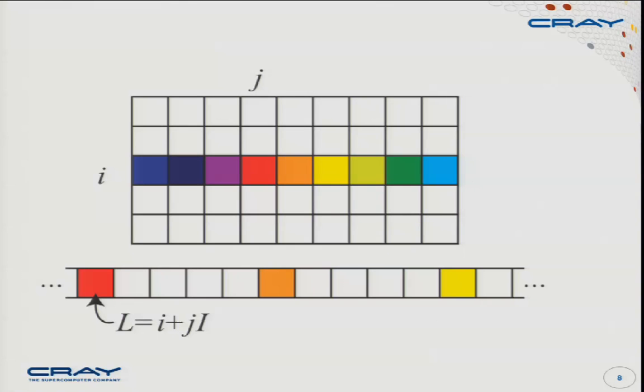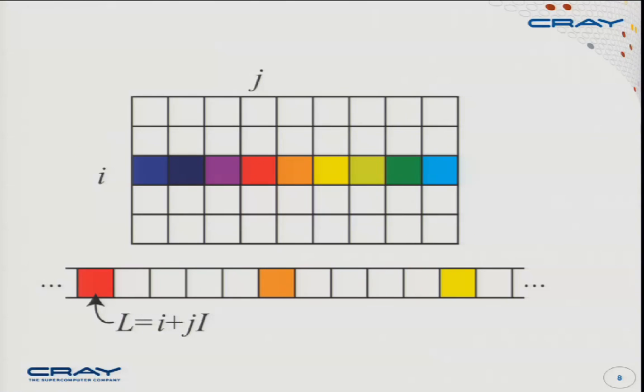What we have here is some representation of a two-dimensional array, where you might index on the first dimension, the fastest moving dimension, using I, and you would increment or access the second dimension using J.